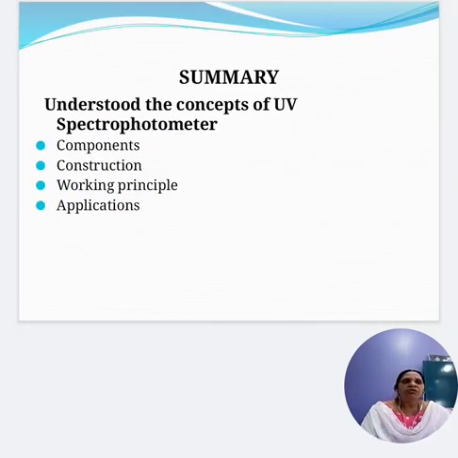To summarize what we have learned today, you have understood the concept of the ultraviolet spectrophotometer. As you know already, what is ultraviolet spectroscopy? The ultraviolet region ranges from 200 to 400 nanometers.